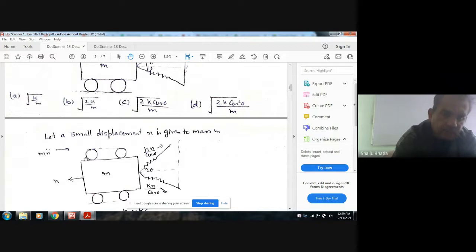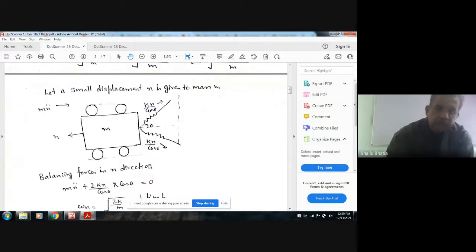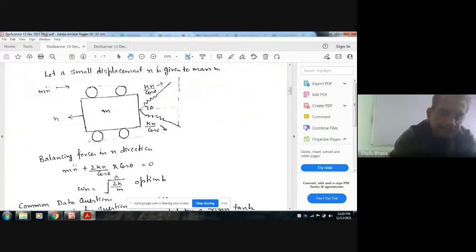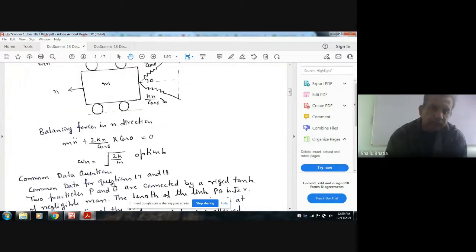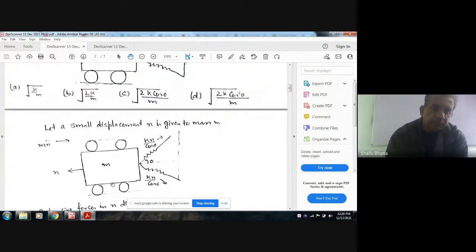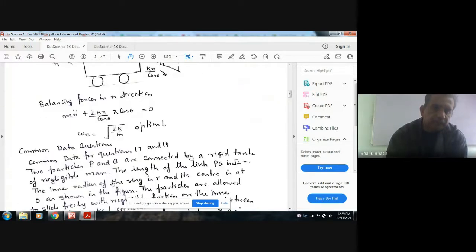Now resolving along x direction because the vertical forces will cancel out each other. So m x double dot equals 2kx divided by cos theta into cos theta. So cos theta will cancel out. So omega n will be root 2k by m.